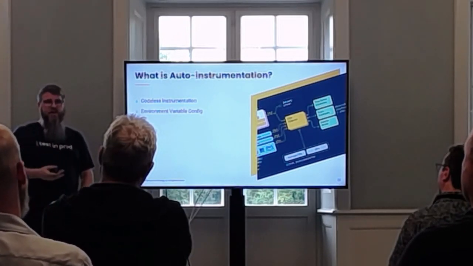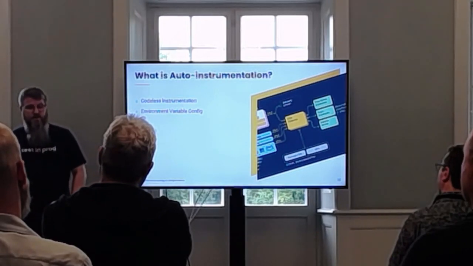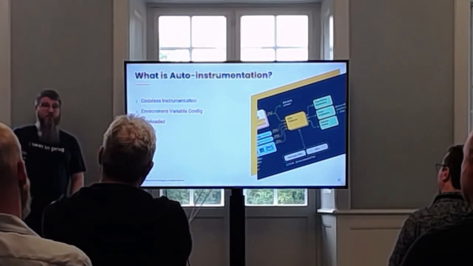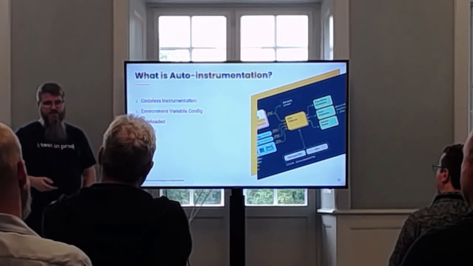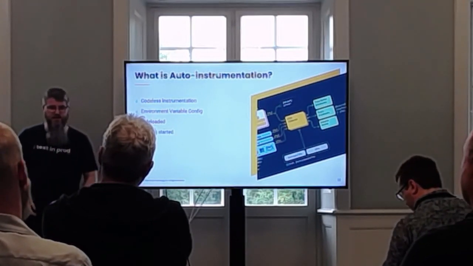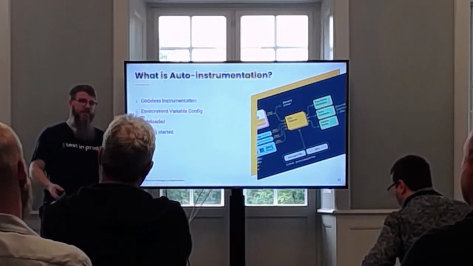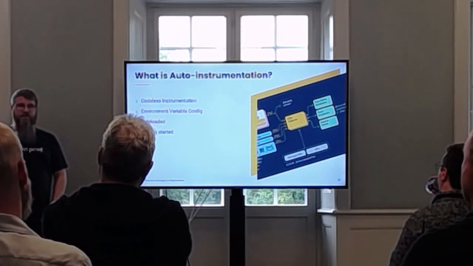Use things like environment variables to configure it, to turn things on, to turn things off. By default, it's going to do everything, which means that you do have some performance issues because you're essentially side-loading something into your application that wasn't meant to be there at the start. But like I say, this is really good for getting started.